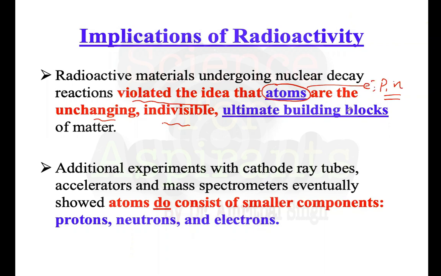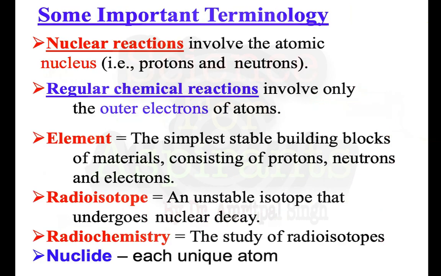And later, with the discovery of quarks in the 1960s, they found that these are not the only elementary particles, and these can be further broken down into quarks. Additional experiments with cathode ray tubes and mass spectrometers also showed that atoms do consist of smaller components like protons, neutrons, and electrons, which violates the idea of atoms being considered elementary particles.